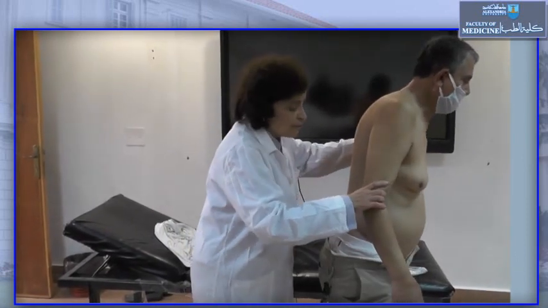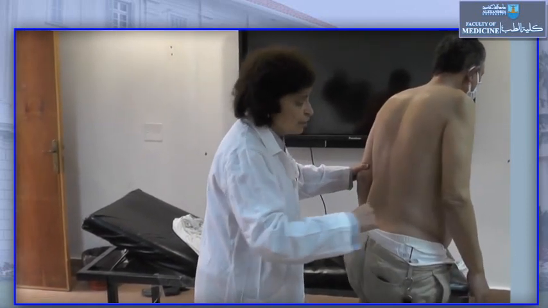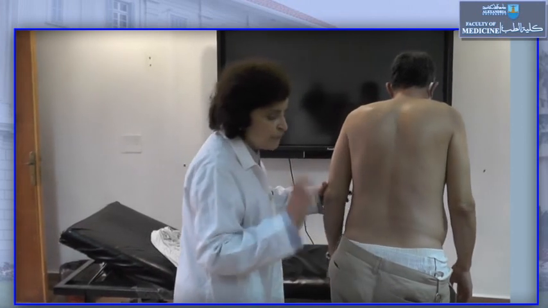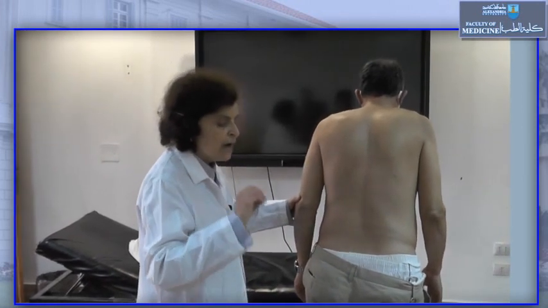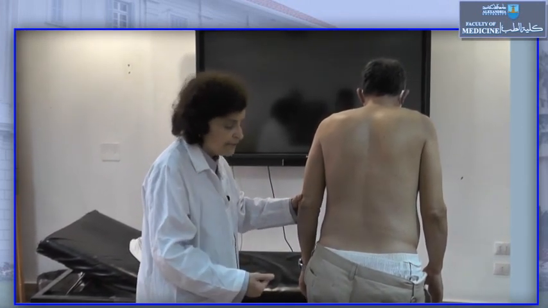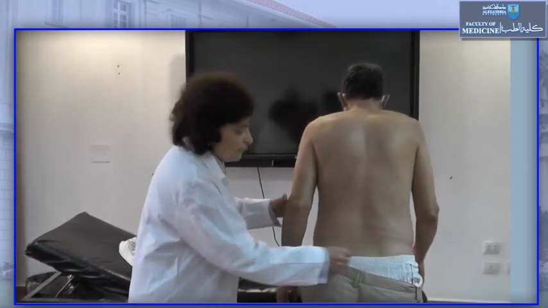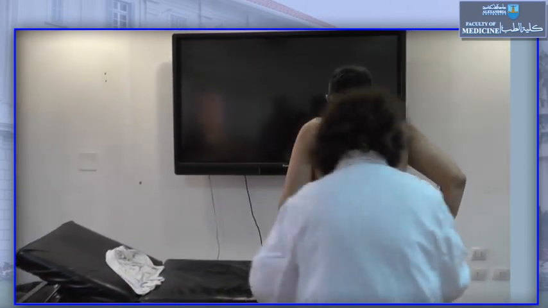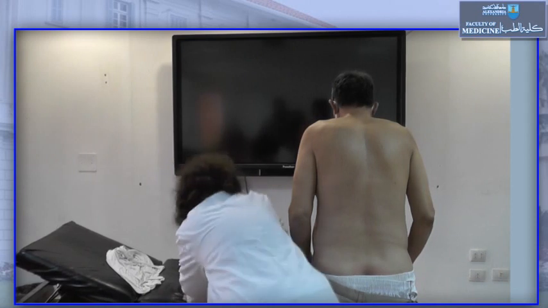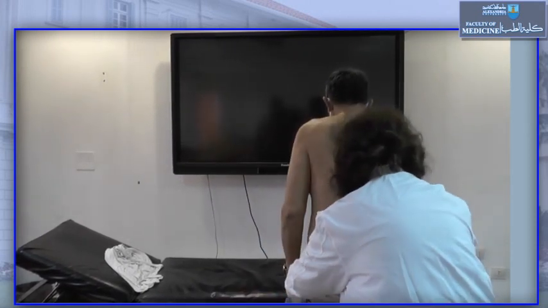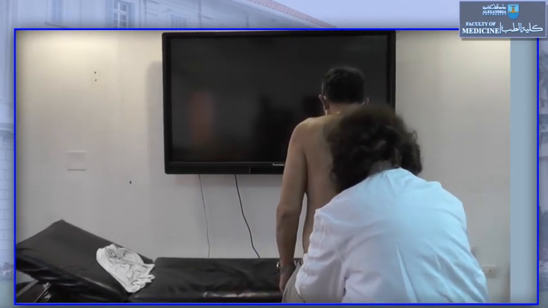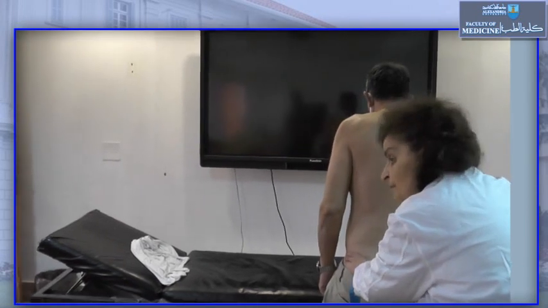Do not forget, of course, and this was shown to you in the ASCII, to do Schober's test. Schober's test assesses the degree of forward lumbar flexion. Modified Schober's test is we locate the posterior superior iliac spines here with a pen.